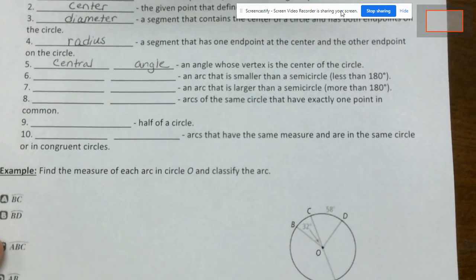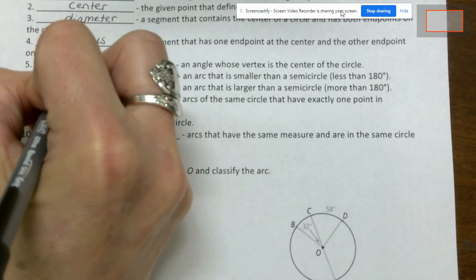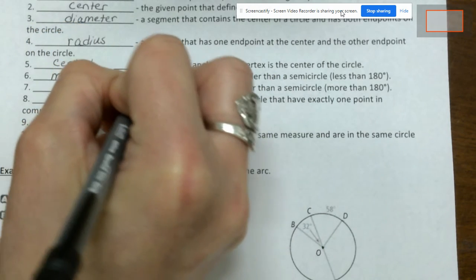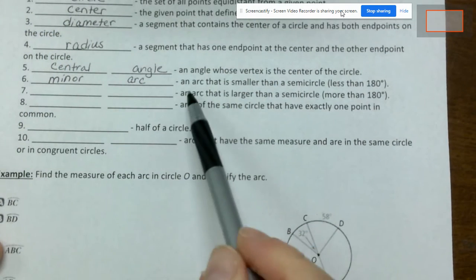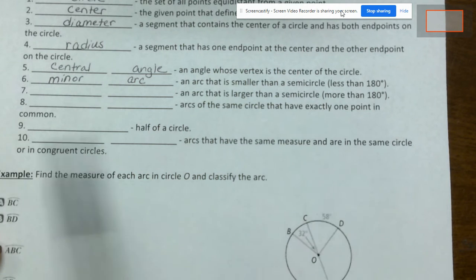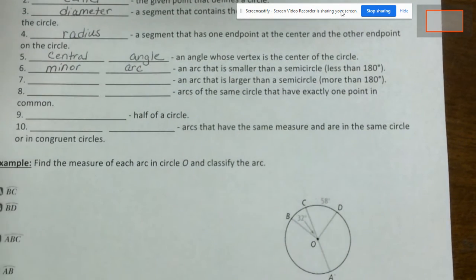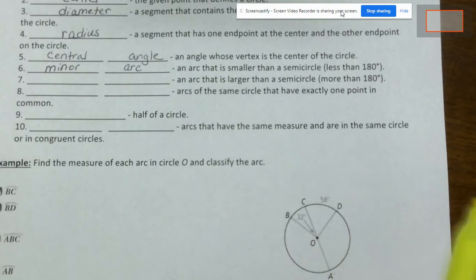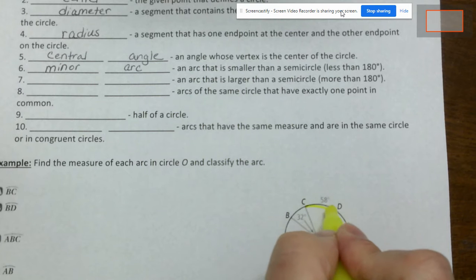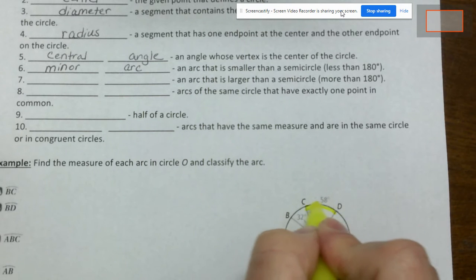Okay, the next one is a minor arc. A minor arc. So that is an arc that is smaller than a semicircle. That means it's less than 180 degrees. Now, when we talk about an arc, what I want to point out to you is that an arc is like this right here. This is an arc, okay?